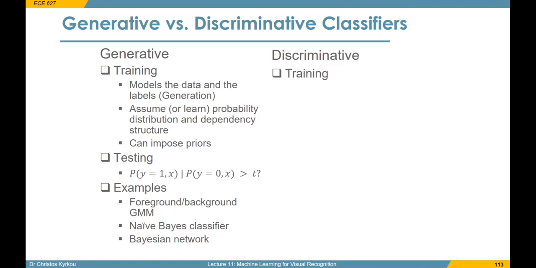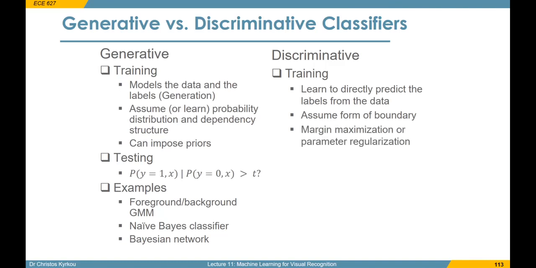On the other hand, we have also discriminative learning, where during training, what we learn is some parameters that we can use to directly predict the labels from the data. We assume some form of boundary, either linear or non-linear. We have maximum margin classifiers, and we also apply some regularizations to the parameters.